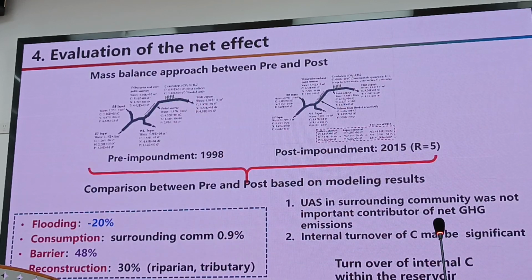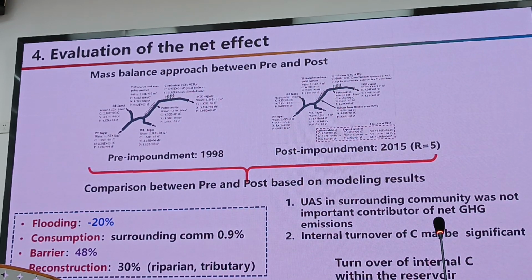And we use a mass balance approach between pre and post. Pre-impoundment is 1998, post-impoundment is 2015. And we make the comparison between pre and post. And all this information together, we find that for flooding effects, it's around 20%. 20% of the net greenhouse gas emission is coming from flooding, only 20%, not all.